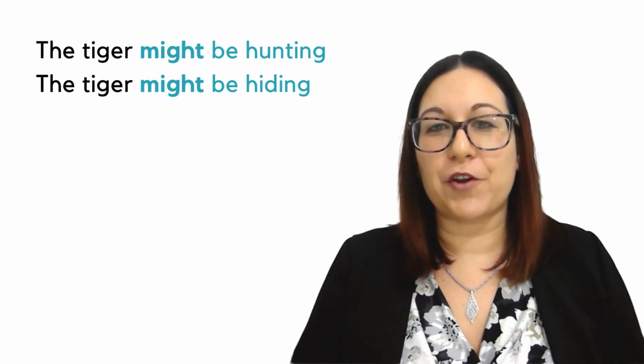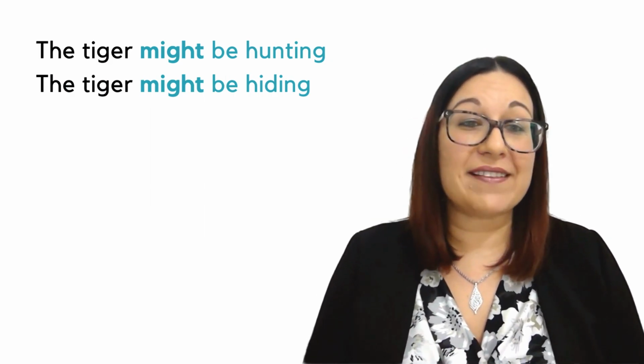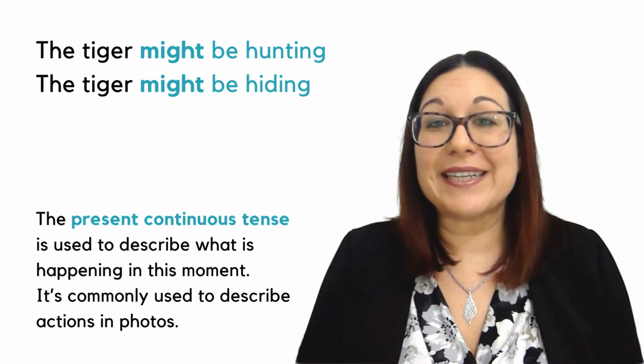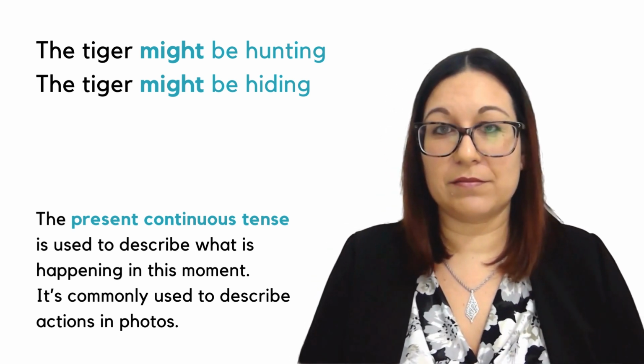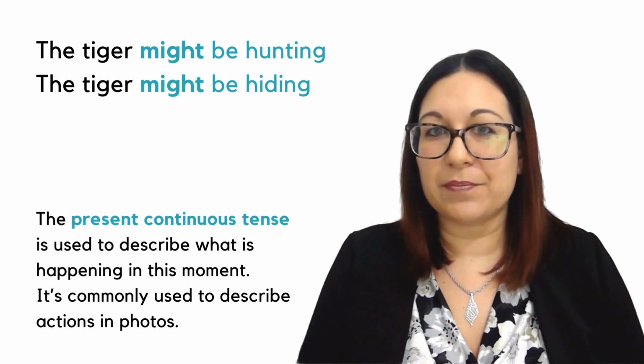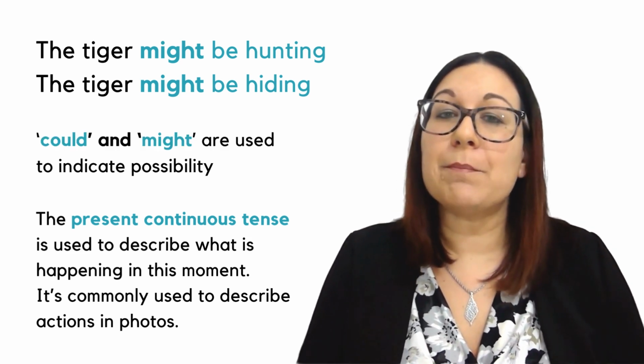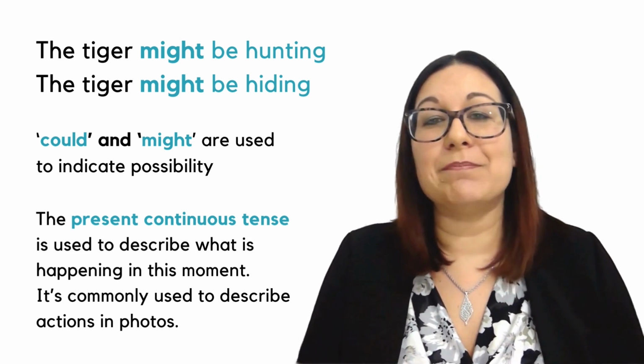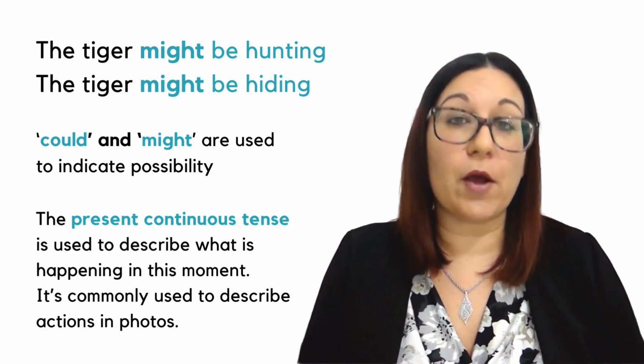There are lots of different verbs that you could use. We might say, the tiger might be hunting, or the tiger might be hiding. Again, we're using the different modals of could and might to indicate that it is a possibility and we're not sure. So let's combine these sentences and work on our vocabulary.